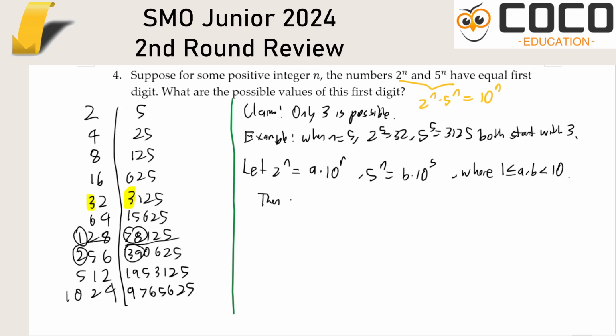Now then, of course, multiplying them together, the product is a power of 10. Maybe I should just write it directly this way, no need to write it in that very clumsy manner. I'll put 10 to the n on the other side.